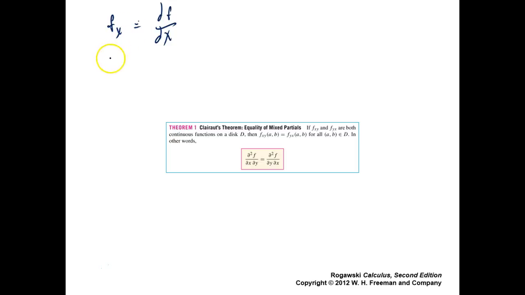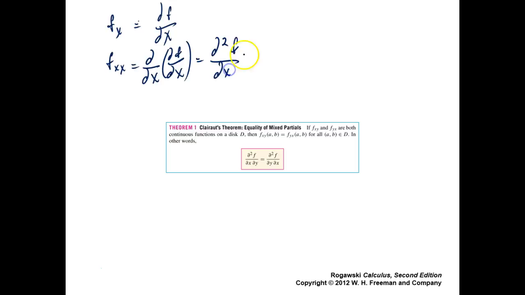You could take another partial, f sub xx, and that would be the partial with respect to x of the partial of f with respect to x, just like we did with derivatives. Make sense? And this would be written as the partial squared f over partial x squared. So those mean the same thing, right?